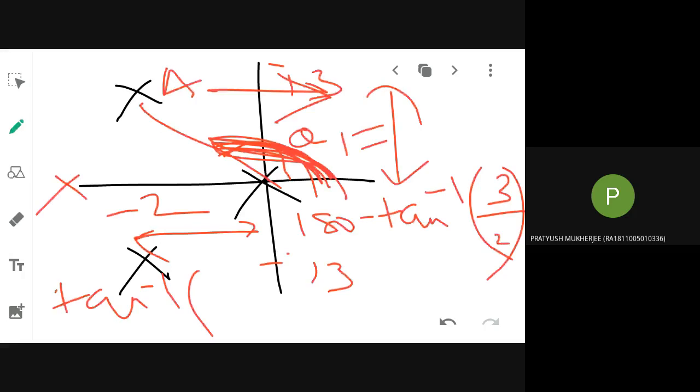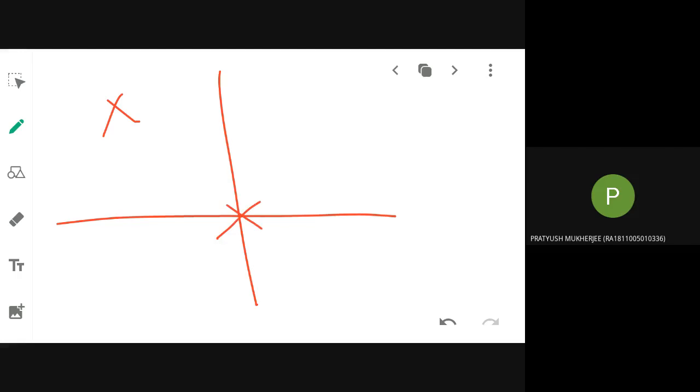My doubt, ma'am: in the negative x-axis, if you want to find the angle on that part, what do you have to do? 180 minus tan inverse of 2. Suppose you are measuring the vector angle to this side, then the formula will be 180 minus tan inverse of x by y.